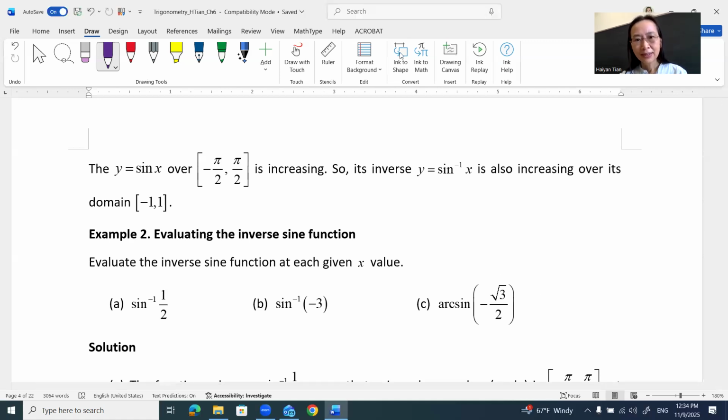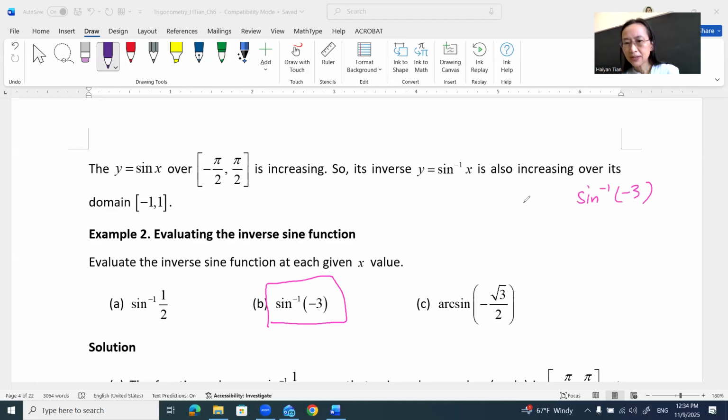And then let's solve the second problem. If you want to get the sine inverse at -3, that means you're trying to evaluate the inverse function at -3. But what is the domain of the inverse?